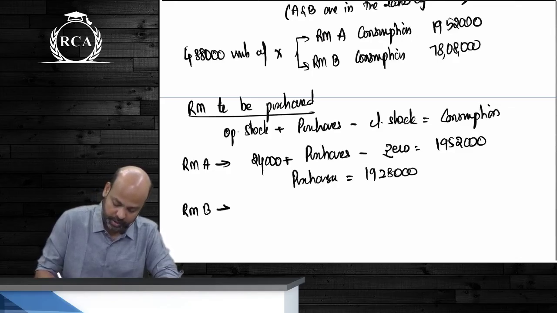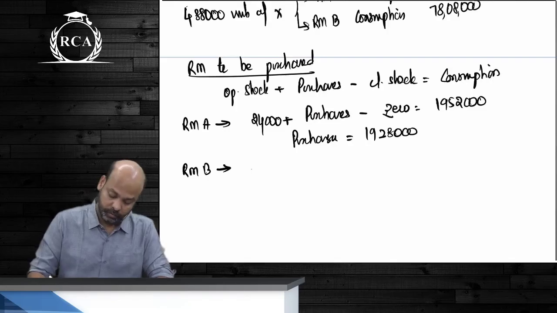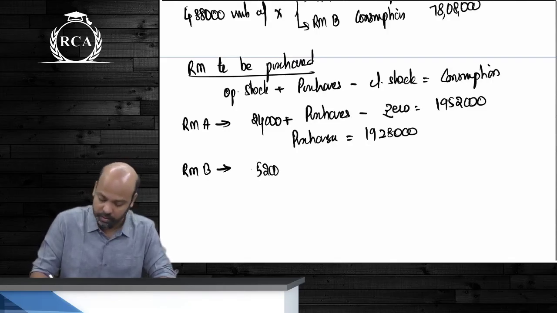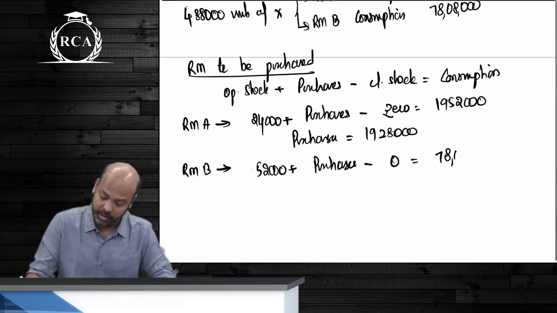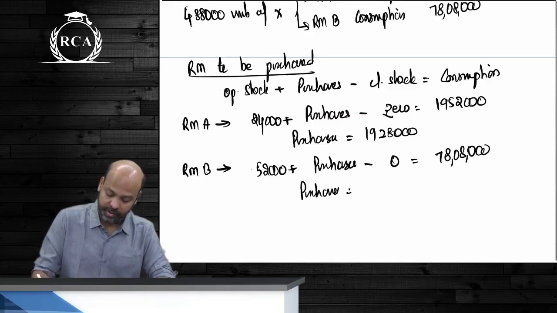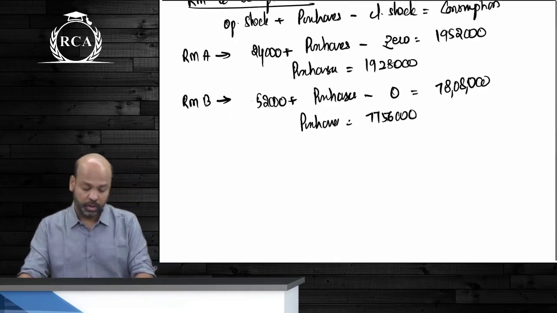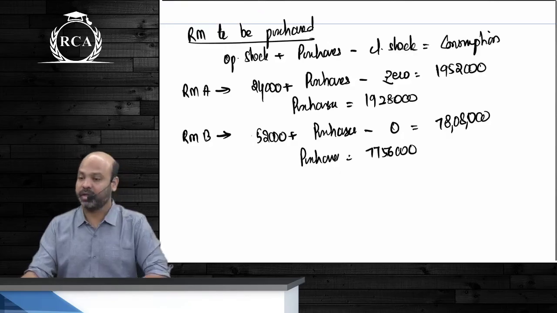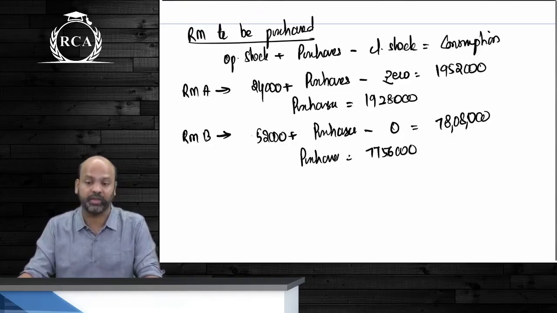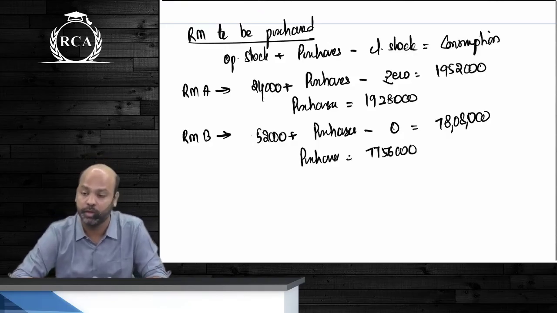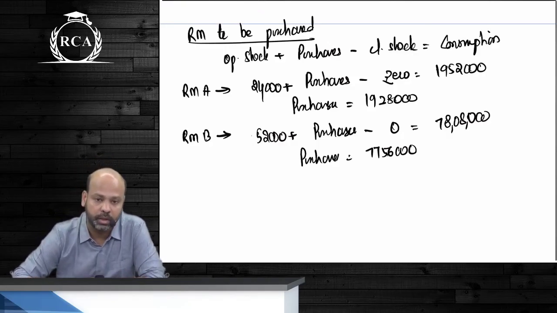Raw material B, guys, opening stock is 52,000 units, purchases is missing, 0 is equal to 78,08,000. How much is this? 77,56,000. This will be the quantity of raw material, guys, that needs to be purchased: 19,28,000 of raw material A and 77,56,000 of raw material B.